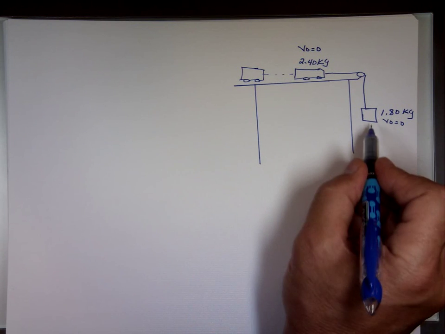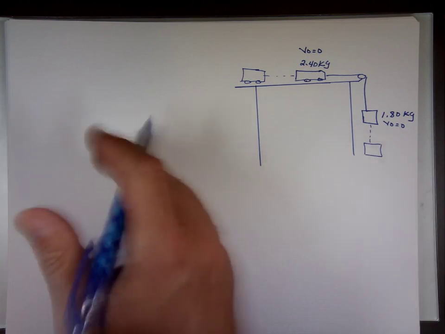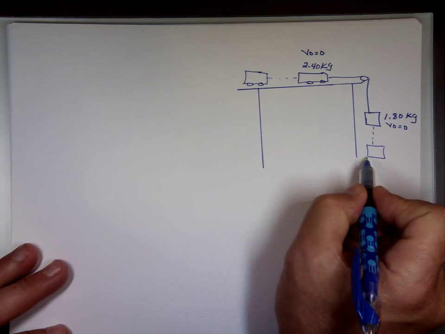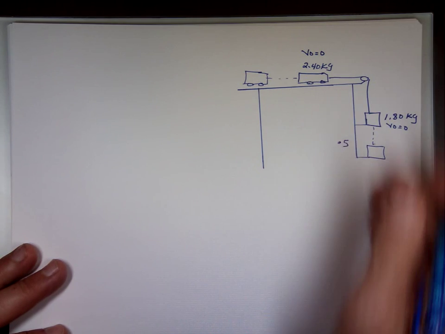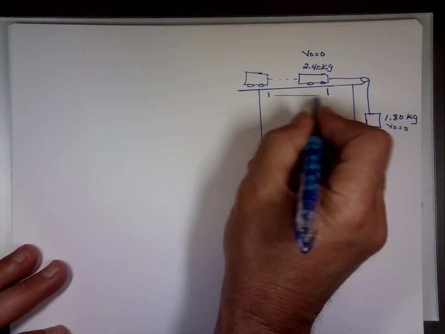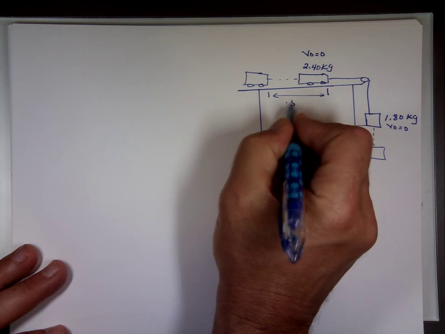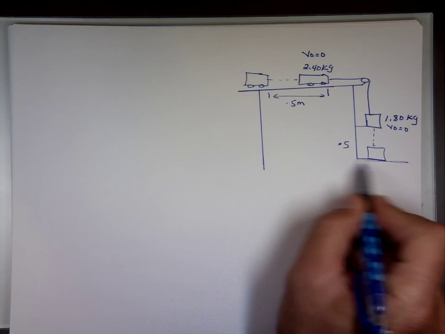The distance traveled is 0.5 meters for both. They're attached with the rope, so if this one moves 0.5, that one moves 0.5. Then it stopped, or actually, this one hits the floor. This is the floor. That's why it stopped.